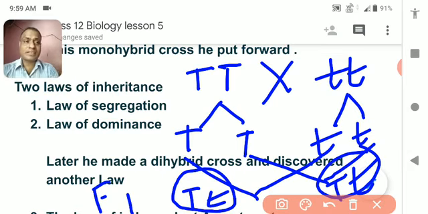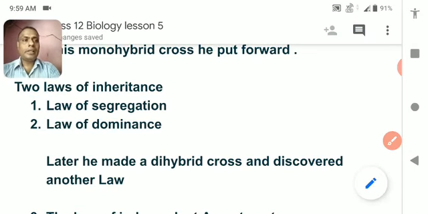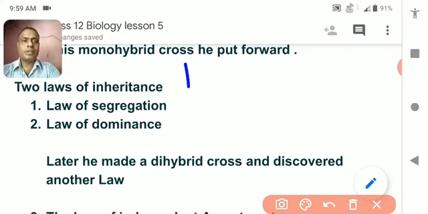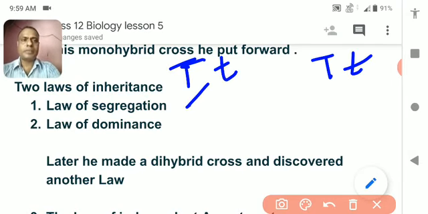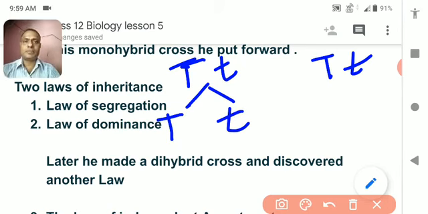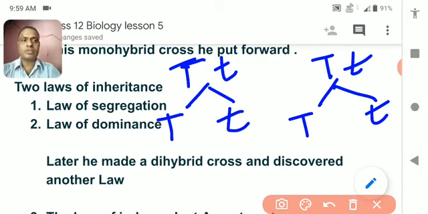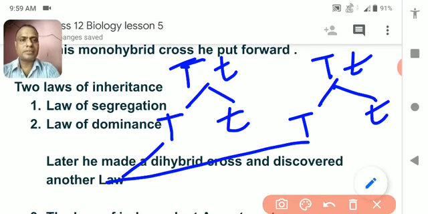What did he do next? He took the offspring of the F1 generation, capital T small t, and made a cross between them. The gametes produced by capital T small t will be capital T and small t. There are two gametes. The other plant also gives two gametes. What will happen if capital T meets capital T?